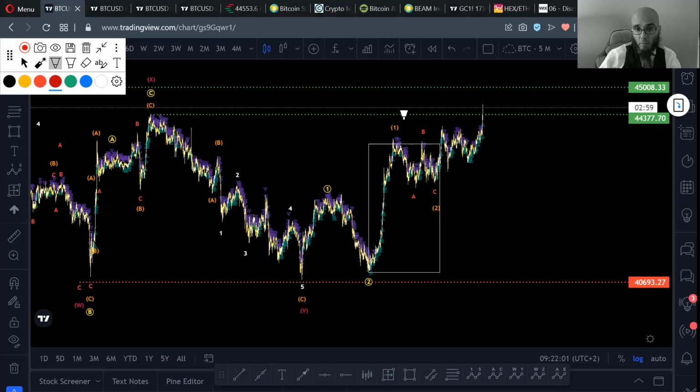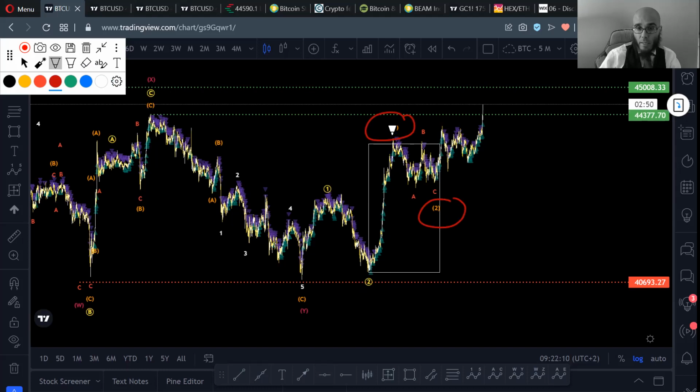So we are in the process of accomplishing wave 3, since the third wave is subdividing, and that's why we have a 1, 2, and we will get a 3, 4, and a 5 higher. Okay, and that's it for the 5-minute chart.